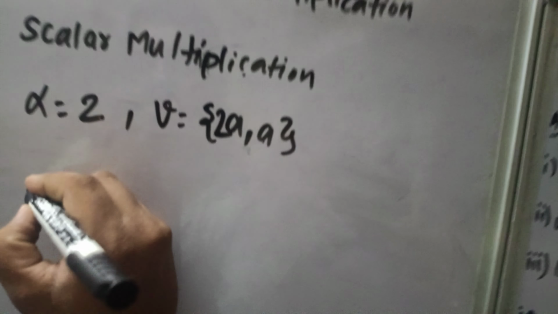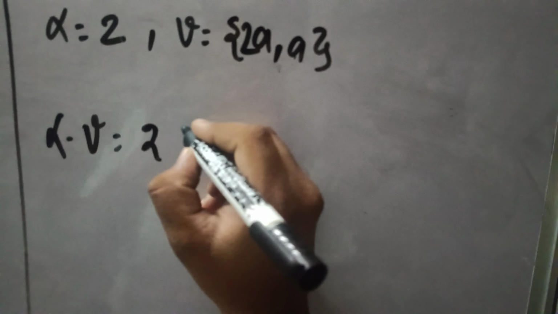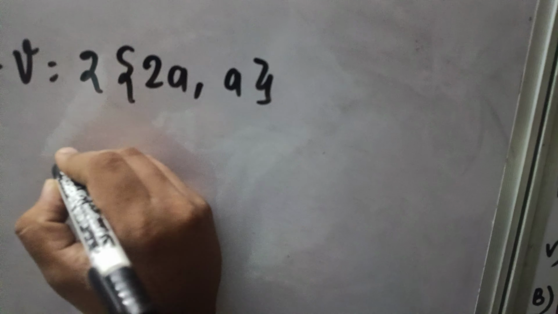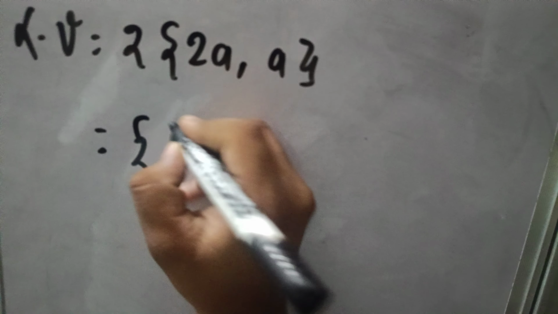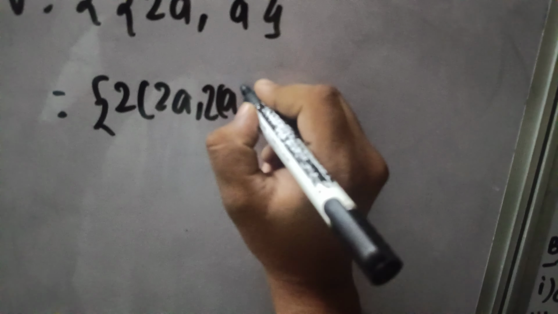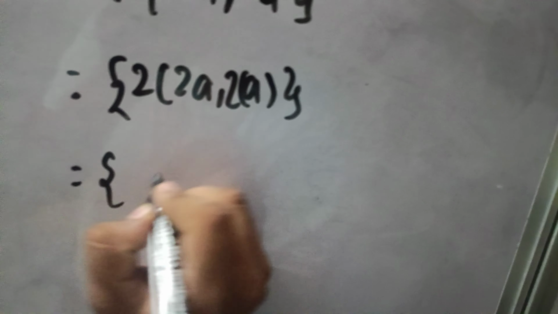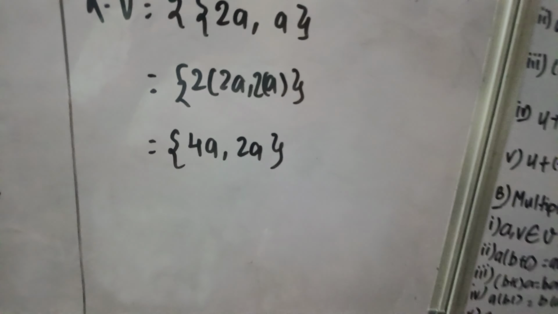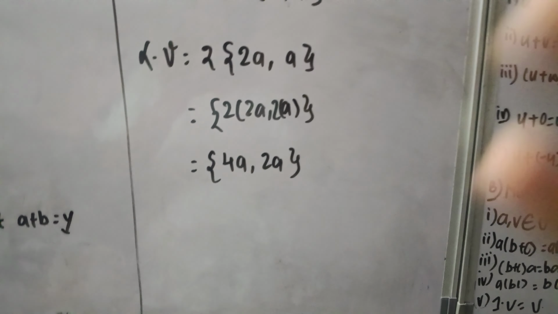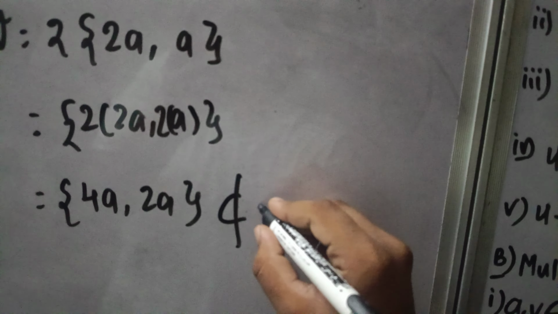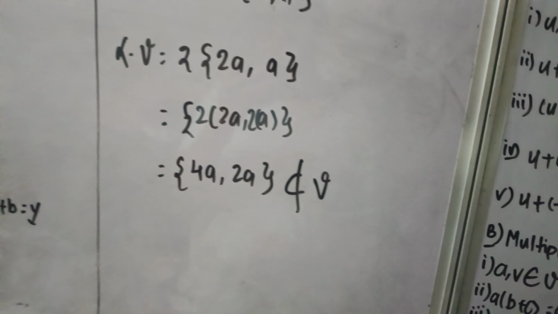Now let's just multiply alpha and v. What we will get is 2 times 2a and a. The 2 will go inside of the bracket, 2 times 2a and 2 times a, it will become 4a and 2a. Now upon carefully looking at this, it also satisfies our condition which is given in the question.